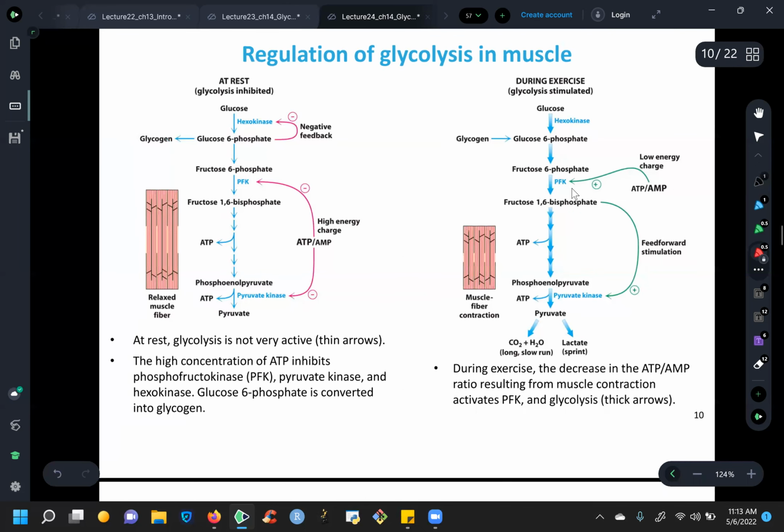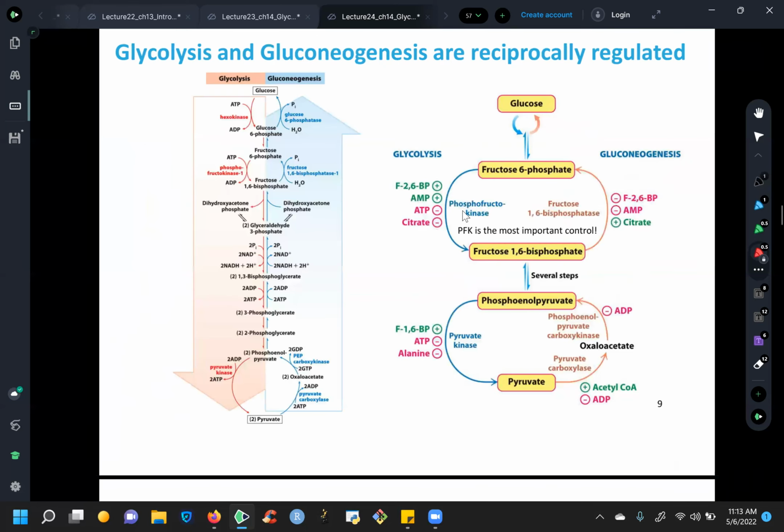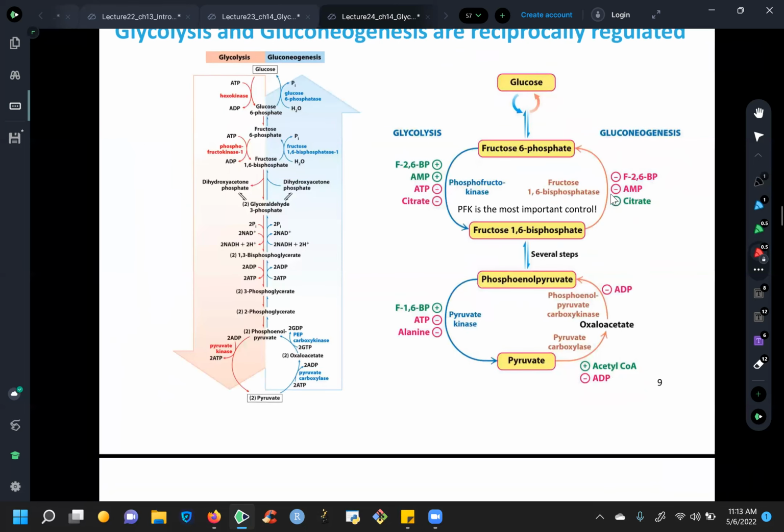That makes sense. That was the enzyme we just talked about for reaction number 3. We just said AMP there with a green positive. It stimulates glycolysis because it's low energy, but at the same time, AMP inhibits this enzyme for gluconeogenesis.